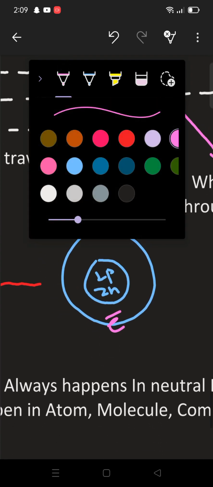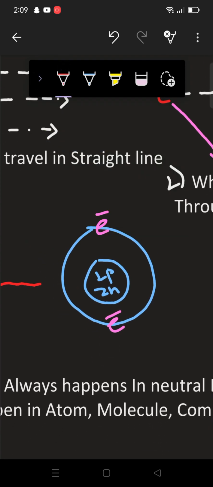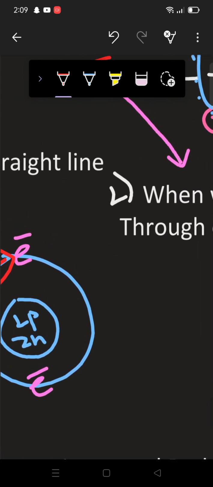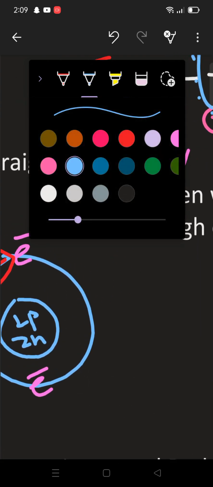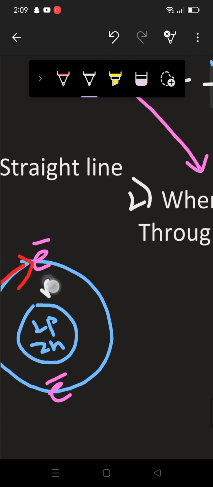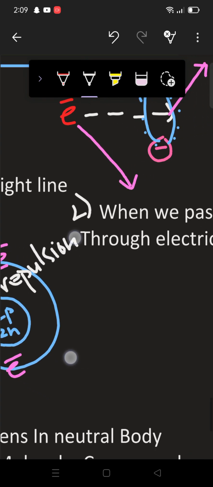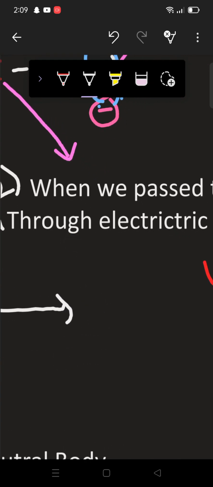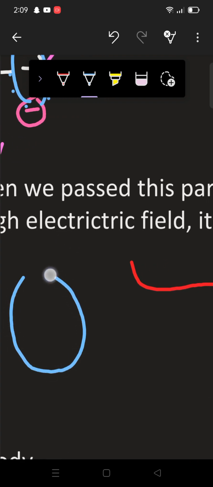When the Cr hits this electron, it will repulse, right? Repulsion will happen here, and because of this repulsion, this electron will separate, right? So now here we have an atom, and here we have 1 electron.